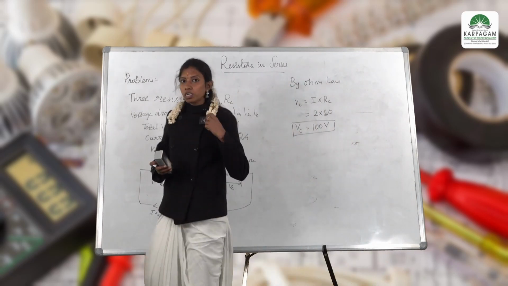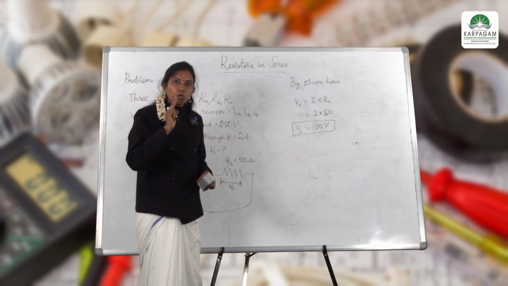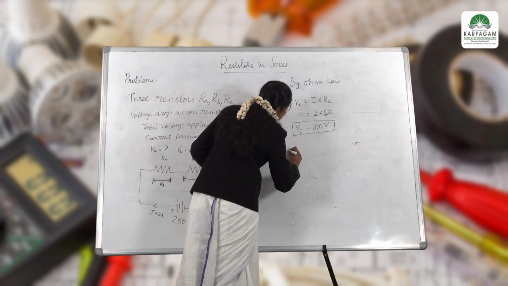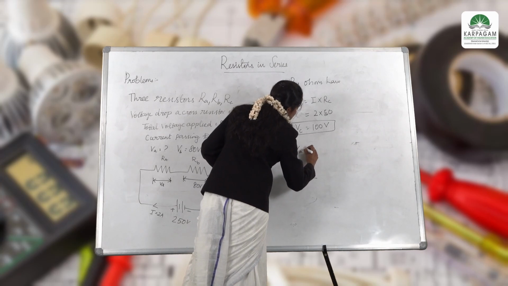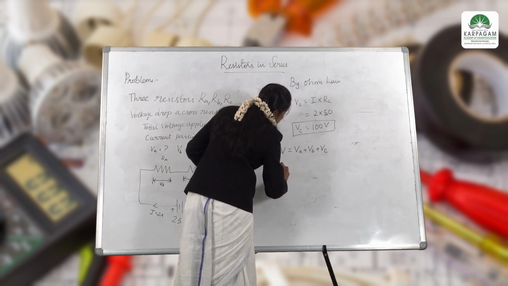Now the second main rule in your series circuit is, according to Kirchhoff's voltage law, the voltage developed in a circuit will be equal to the voltage drops across all the resistors, right? So the voltage developed V will be equal to VA plus VB plus VC. I know my voltage developed is 250, which has been given in the problem.